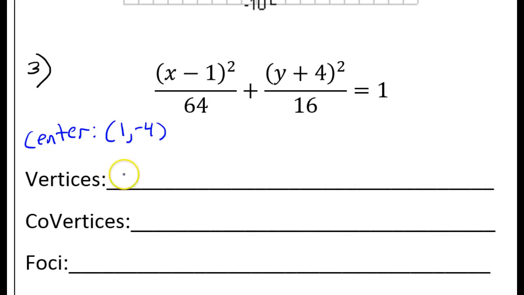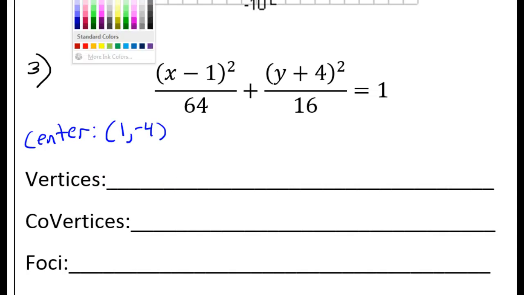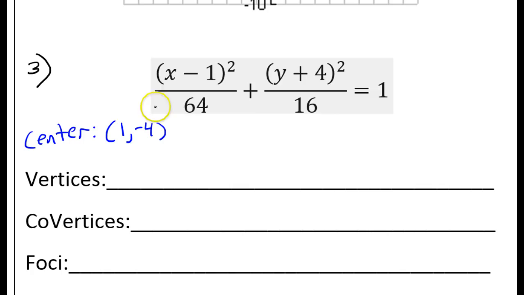So next we're going to find the vertices. For that we're going to need the a value. Well, the bigger denominator is always called a squared. And if a squared is equal to 64, that means a must equal 8. Since the 64 is with the x term, I'm going to do plus and minus 8 in the x direction.